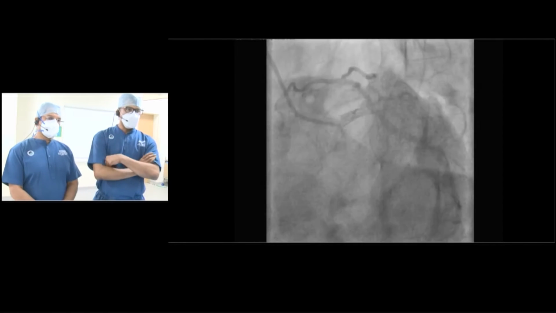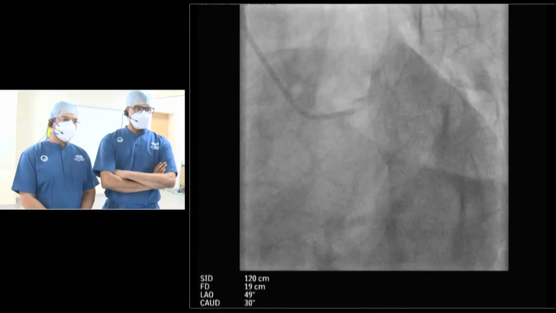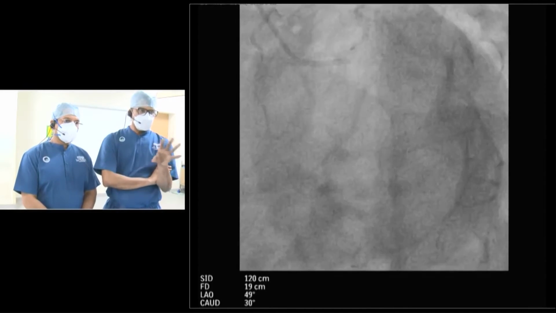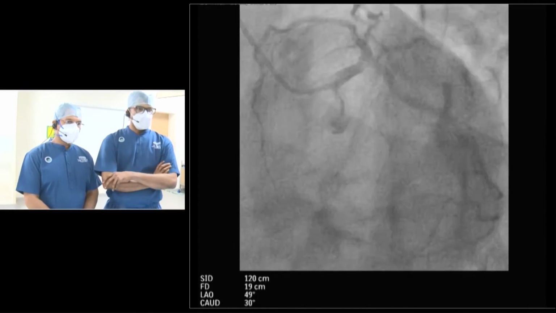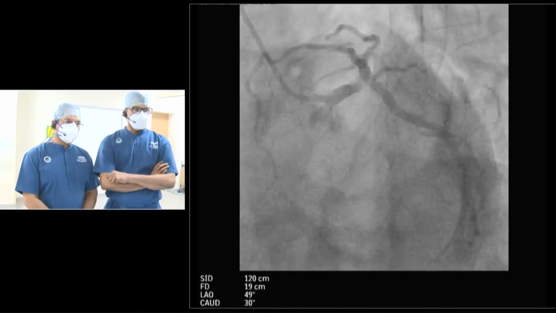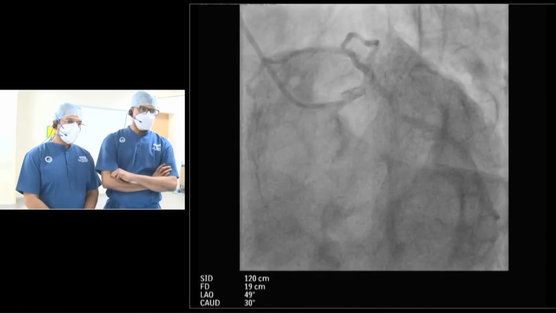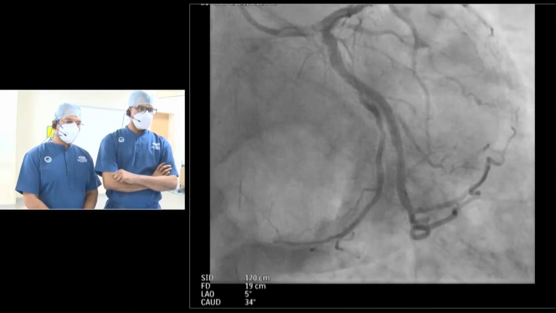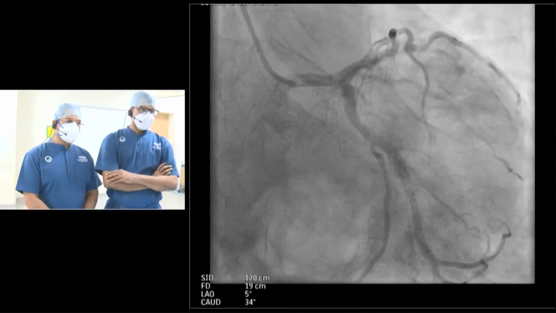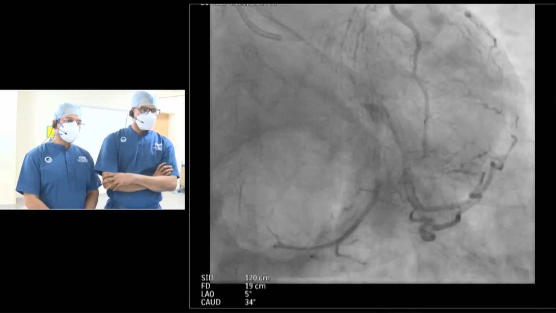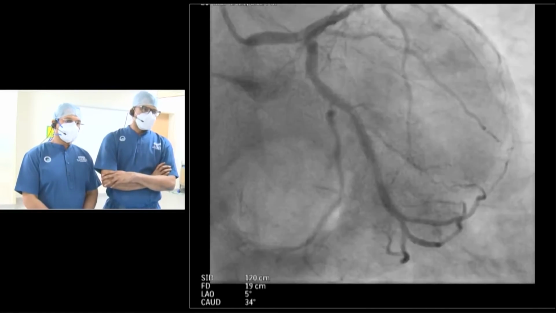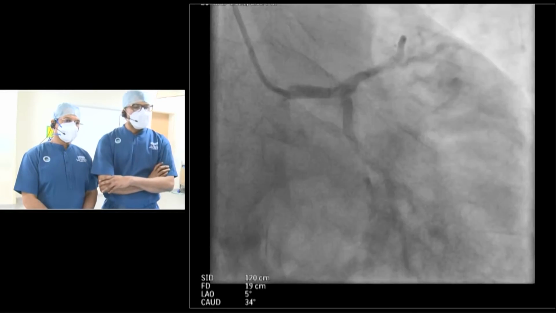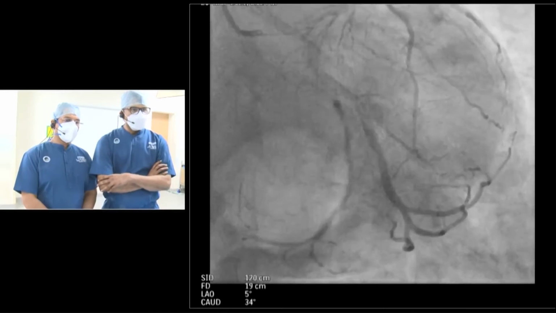This is the caudal view. I don't know how you can appreciate it, but the distal left main looks hazy, and the left circumflex ostium is also not looking great in this view. This is again the left circumflex; the distal left main looks diseased, and the circumflex ostium is also looking diseased in this caudal view.